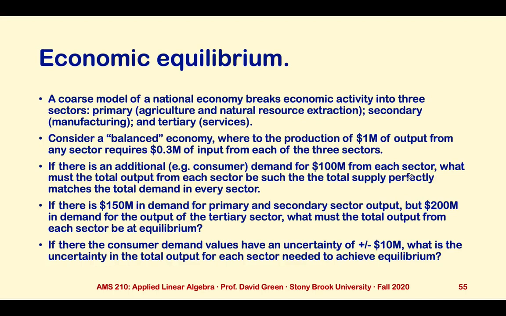Second example, using an economic equilibrium Leontief class model. This is the same model that we have discussed previously, a balanced three-sector economy where we have primary, secondary, and tertiary sectors, and each one requires exactly the same amount of input from the other, 0.3 million, for each $1 million of output.